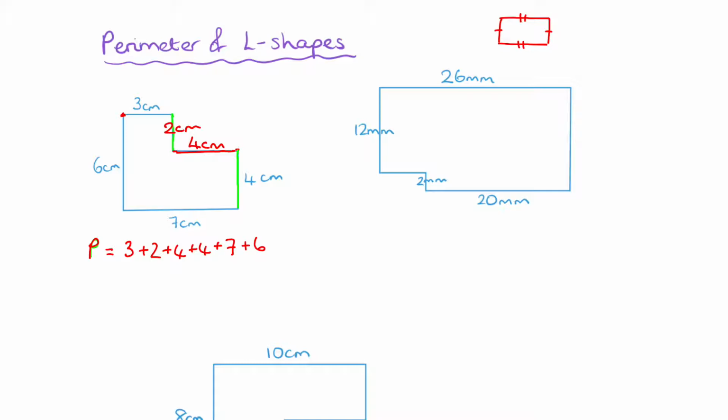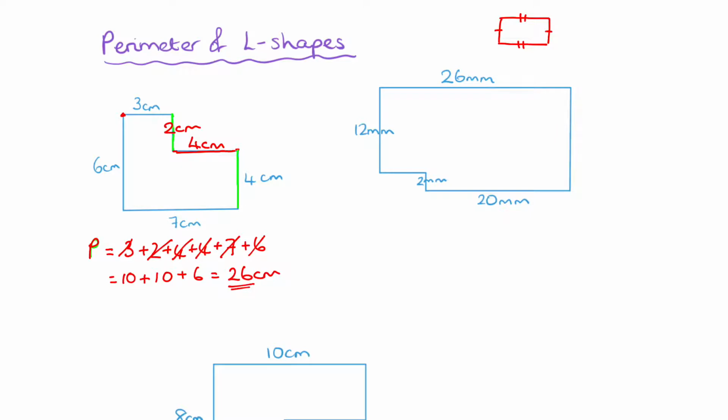Okay, and when we're adding these up, we can start at the left-hand side and just work our way across, or we can bunch them together to help us. So what I would notice is that 4 and 6 makes 10. And then we've got 7 and 3 also makes 10. And then we've got another 2 and a 4, which is 6. So altogether, we've got 26 centimetres.